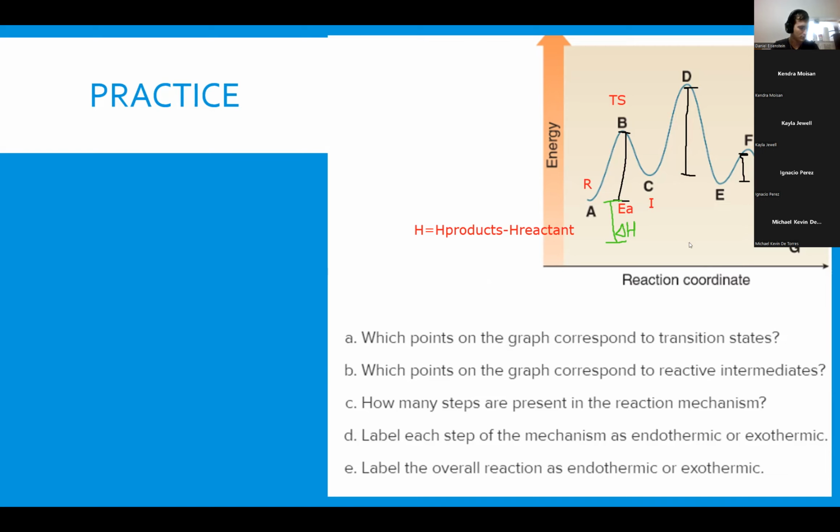If the products are lower in energy, it is exothermic. If the products are higher in energy, it is endothermic. The question was how many steps are present in the mechanism?